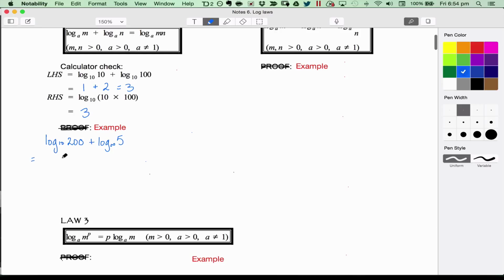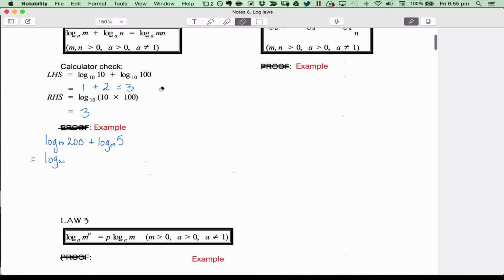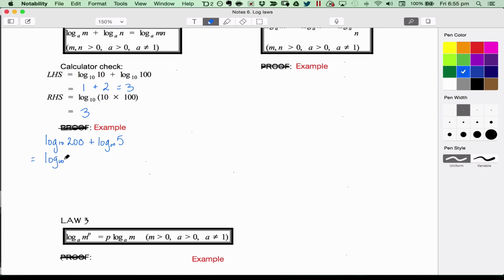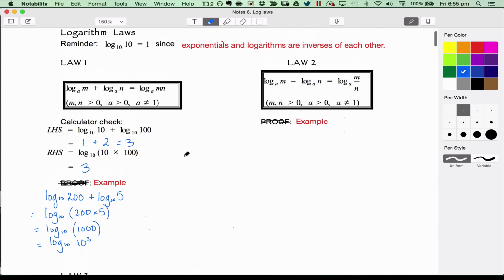So the first step I'm going to do here is multiply the 200 by the 5, keep the same base, log 10 of 200 times 5 is the same as log 10 of 1000, which we can rewrite as log 10 of 10 to the 3, and using that law that we had up here, log 10 of 10 is 1, or any two numbers that are the same.